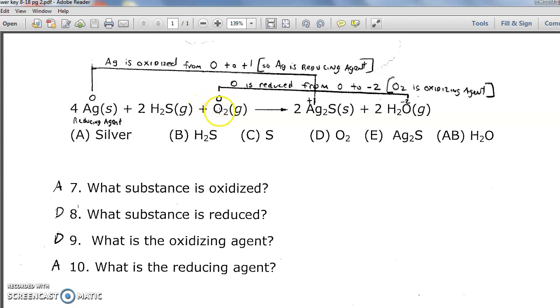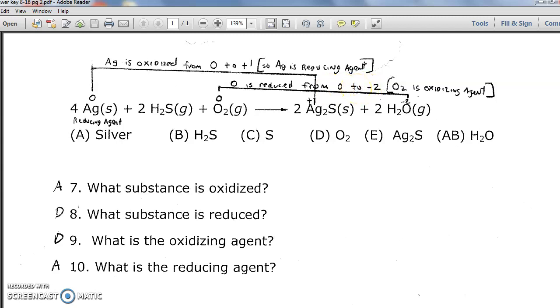So oxygen here is not having a chance to hog any electrons. Over here, the oxygen's able to hog the 2 electrons, 1 from each of the hydrogens. So in this case, oxygen has a gain in control of electrons. Oxygen was reduced, 0 down to -2.